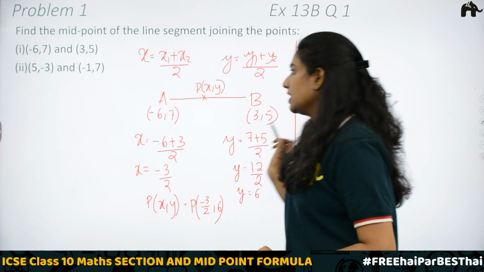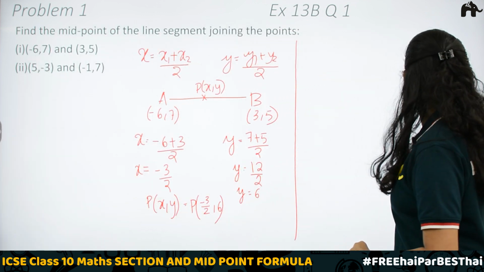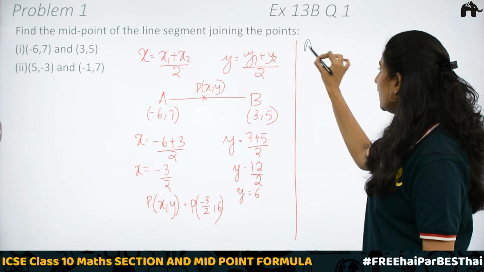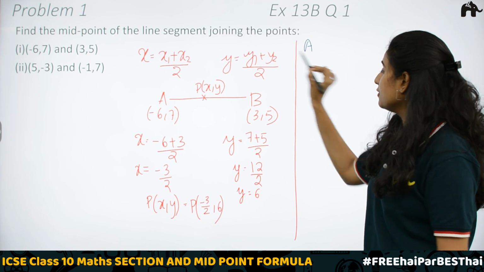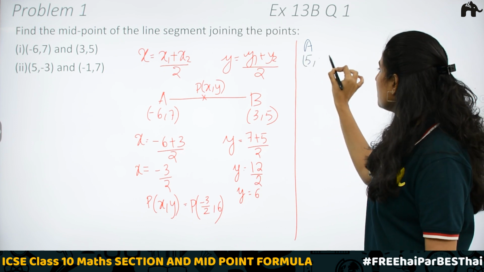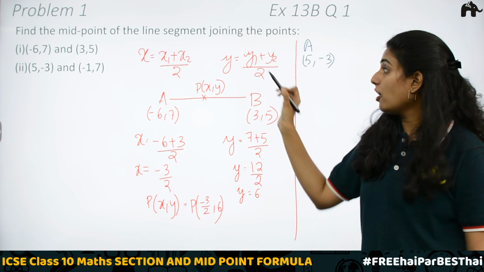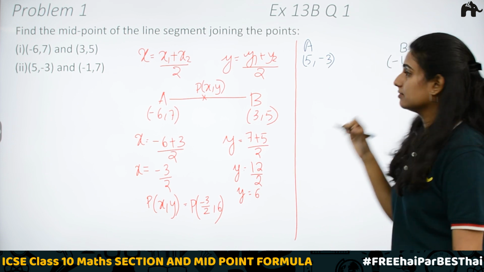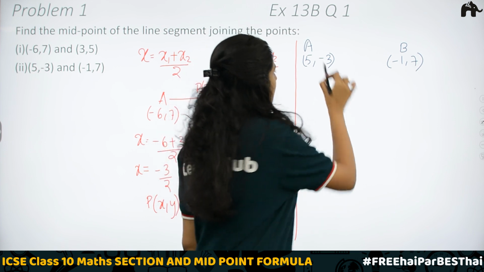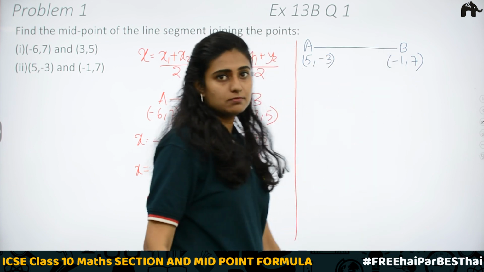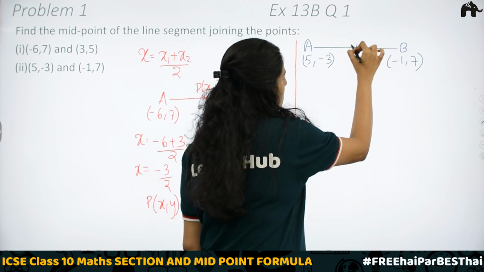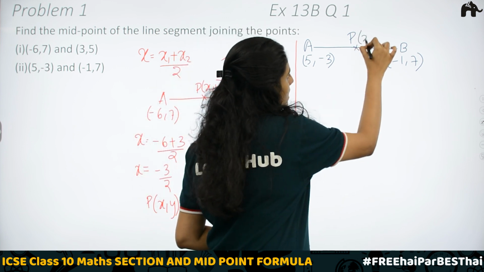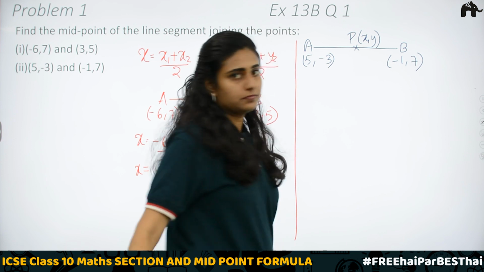Now, the second question. Here we have point A. Take point A as the first point of coordinates (5, -3) and the second point B of coordinates (-1, 7). Line joining A and B. This is the line. We consider a point P, which is the midpoint of AB, of coordinates (x, y).